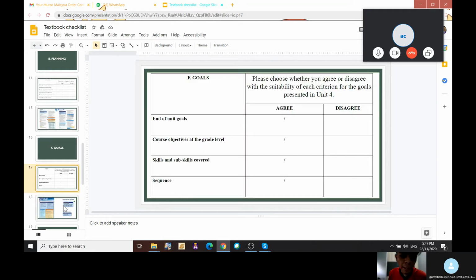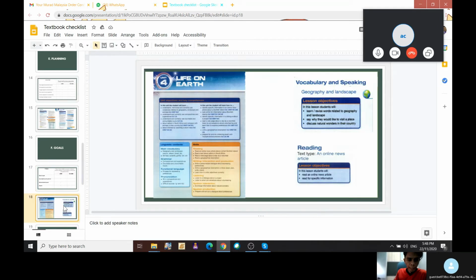Yes, for me, I agree because we have examined the book and concluded that the textbook has pretty much distributed its sequence according to the level of the students, general level students. So what we can see here is the planning itself. The textbook has very accurate planning, and the goals are very clear. That's it. Thank you.